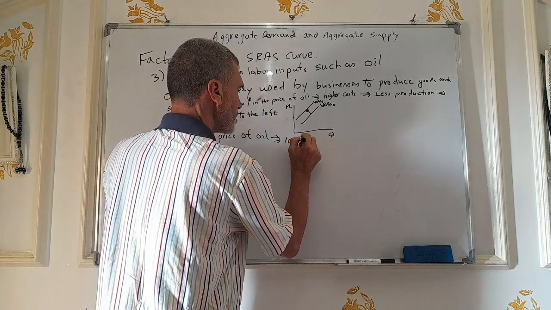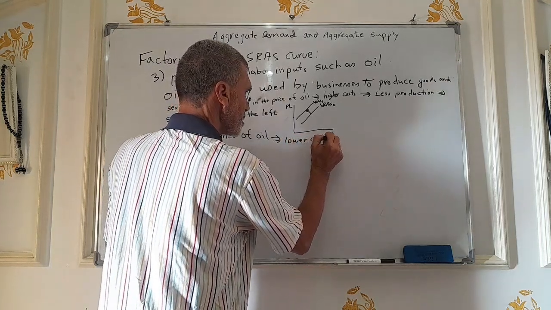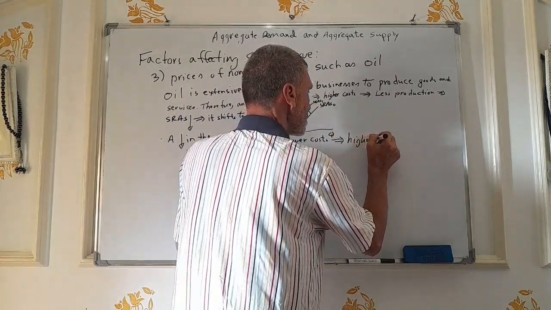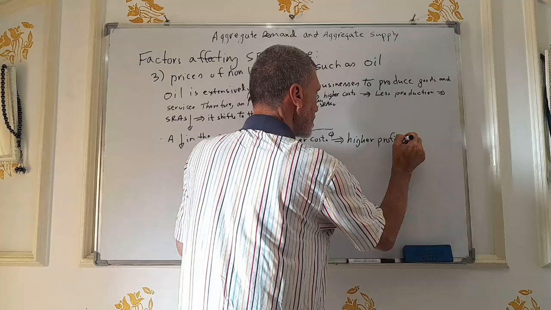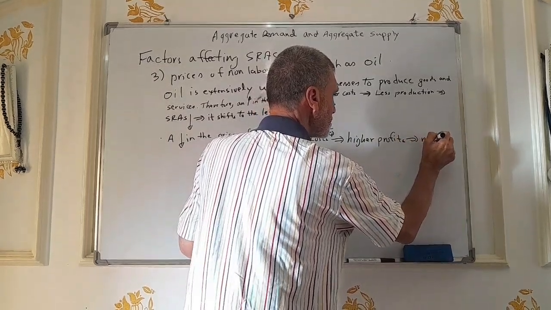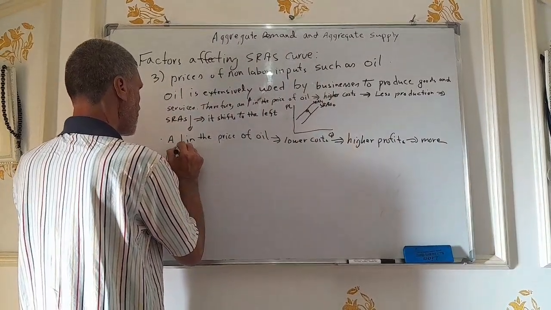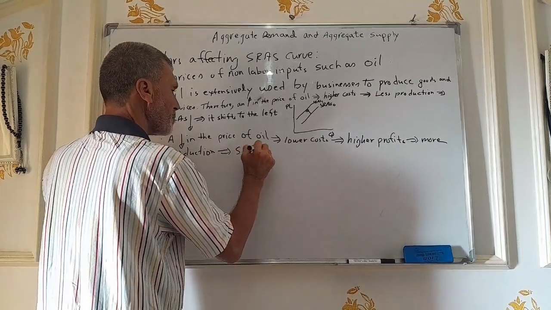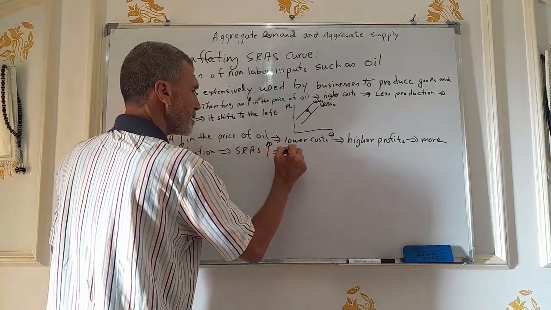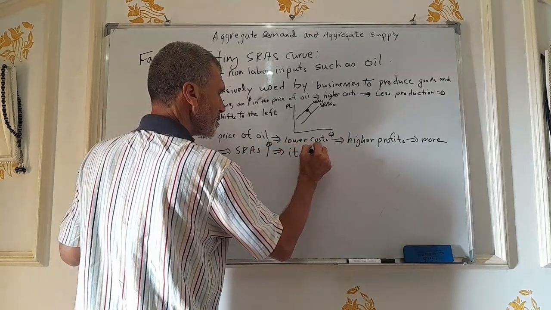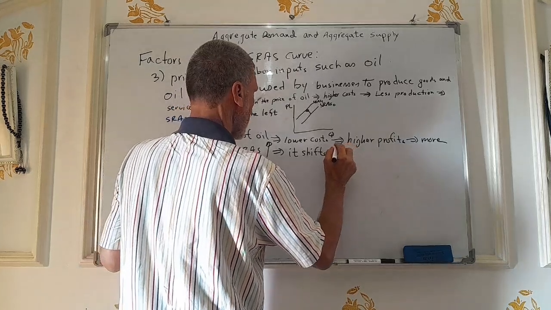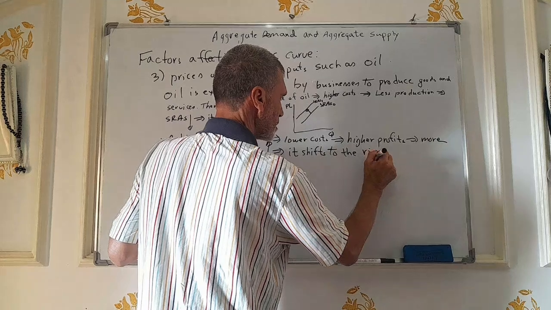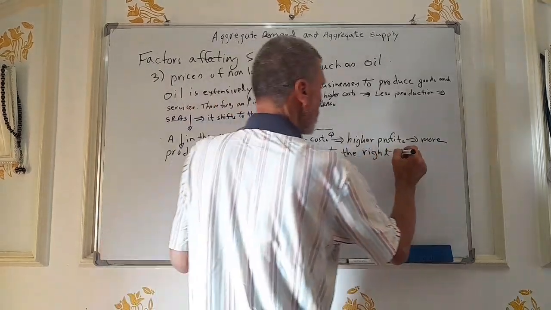Lower cost, which implies higher profits, which implies more production, which implies short-run aggregate supply increases, that is, it shifts to the right. As you see below.